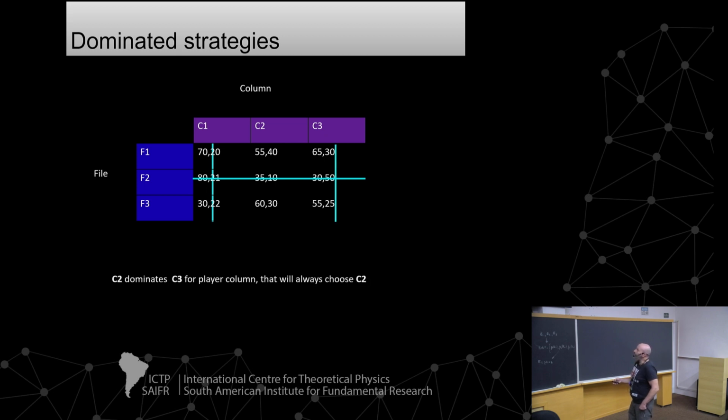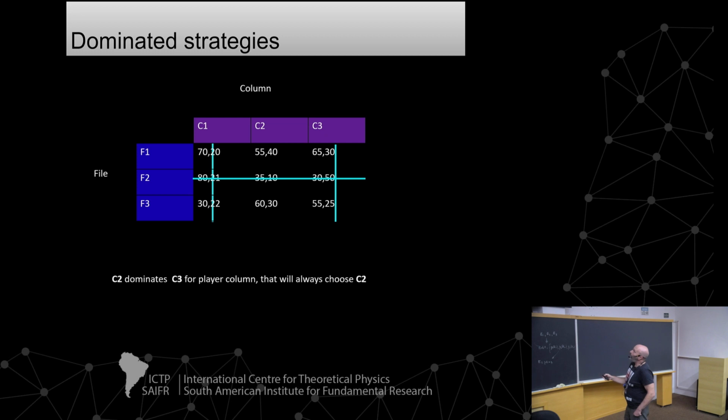Next, we can eliminate strategy C3 because 40 is greater than 30 and 30 here is greater than 25. 10 is not greater than 50, but this situation was already eliminated because F2 was a dominated strategy.